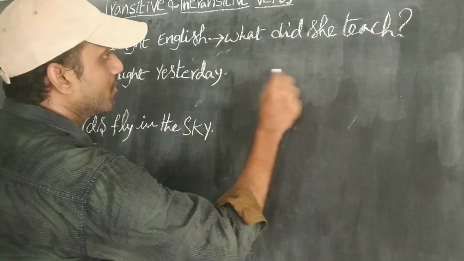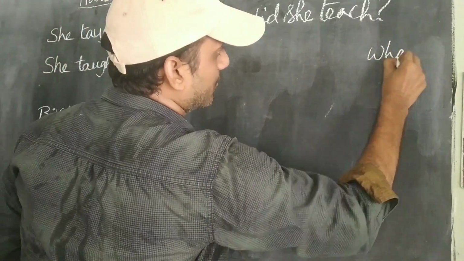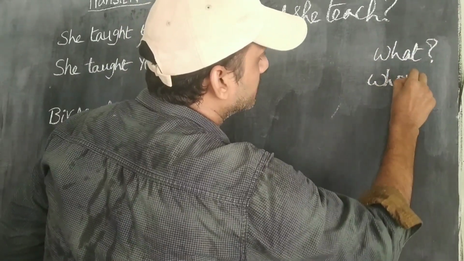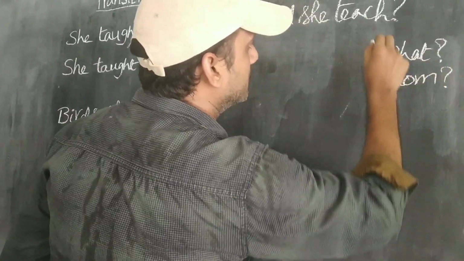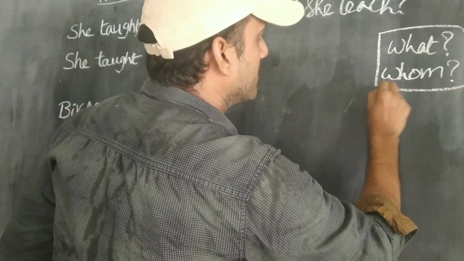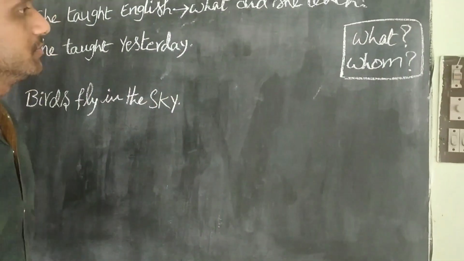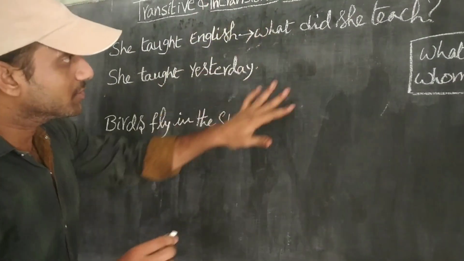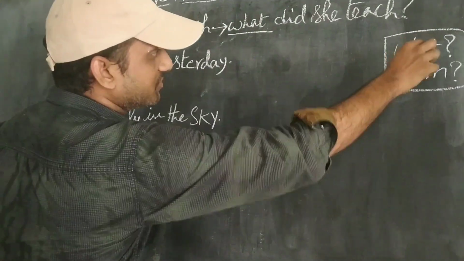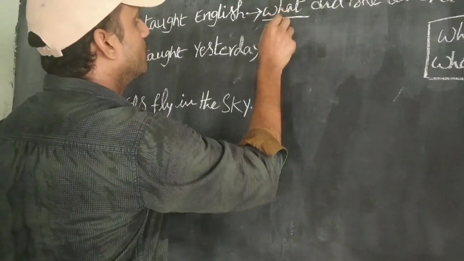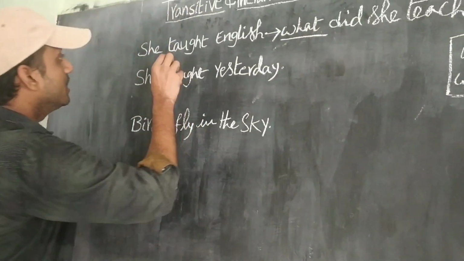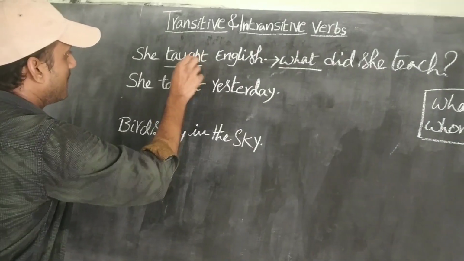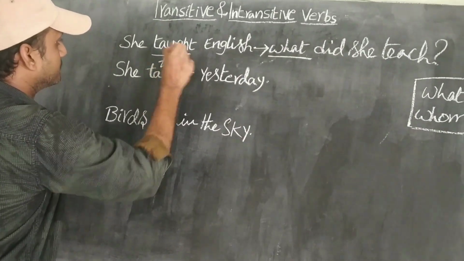If you get what or whom as a question, first you have to change this sentence into a question. In that question you have to observe any one of these words. We have got what, so then we can consider this verb as a transitive verb.